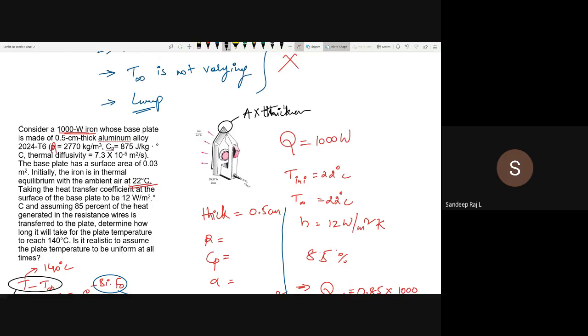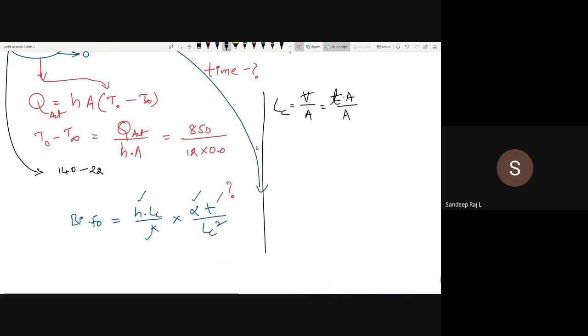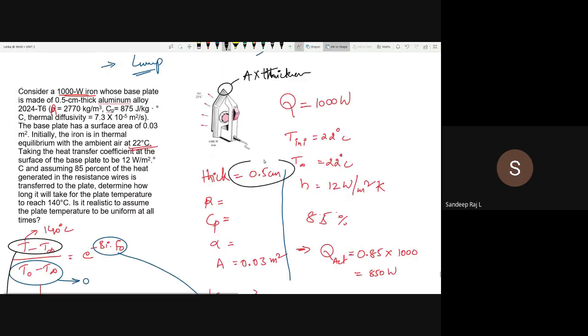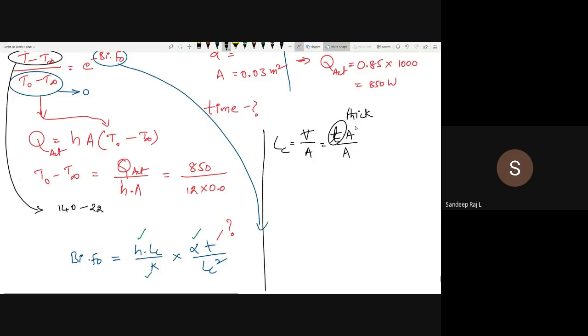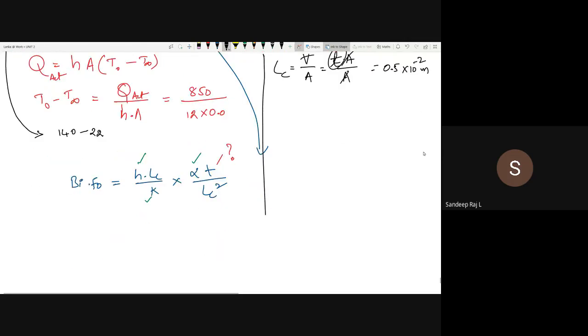The thickness is clearly mentioned in the question as 0.5 centimeters. So substitute that. Area gets cancelled. 0.5 into 10 to the power of minus 2 meter you will get. That is your LC. Now that you know your LC, you can substitute everything into the question and solve it.